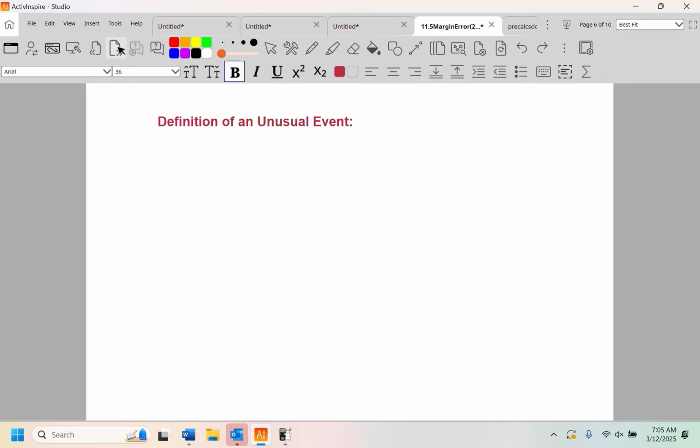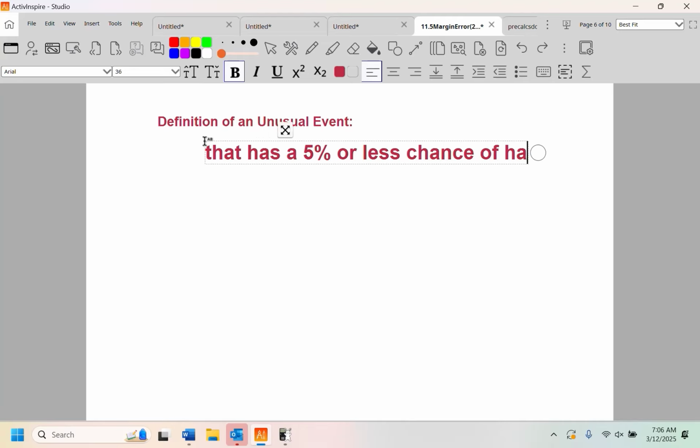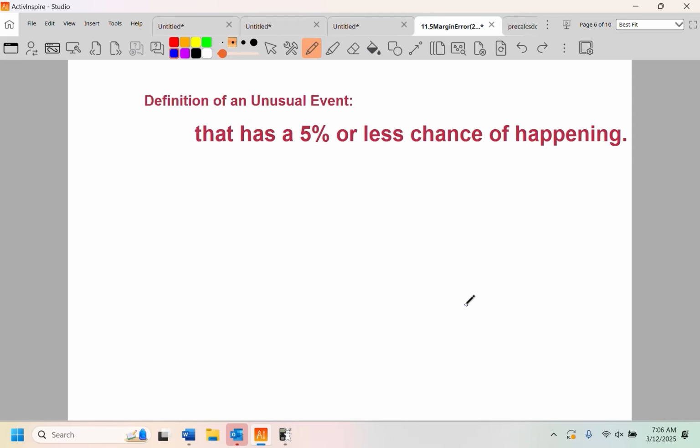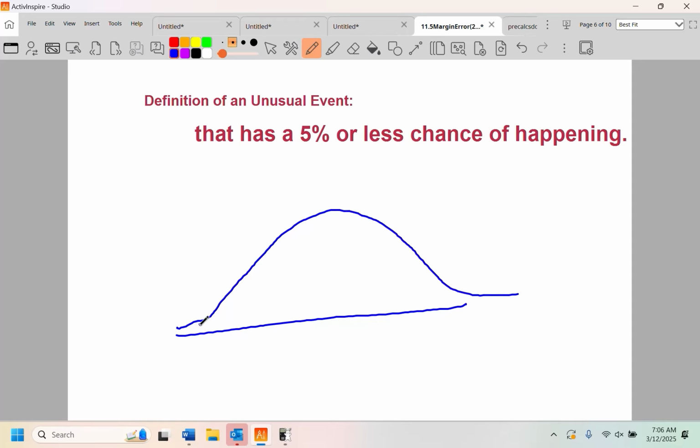The definition of an unusual event: an unusual event is an event that has a 5% chance or less of happening. So when we're talking about our relationship to the bell curve and this 95% confidence interval, there's your middle, your mean, 1, 2, 3, 1, 2, 3.